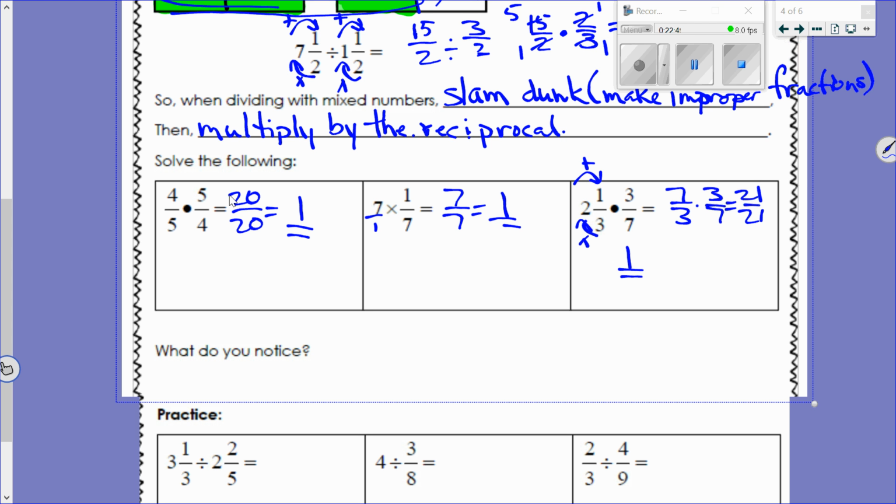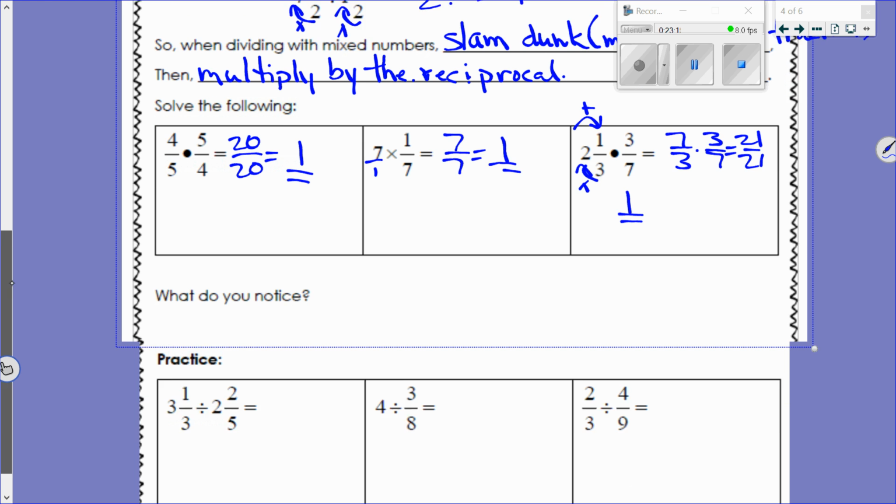What's the math term we just gave you? Reciprocals. So what happens when I multiply reciprocals? You always get 1. Is that always going to happen? Yes. Does it matter if it's a fraction, a whole number, or a mixed number? No. Guys, technically that is the definition of a reciprocal. The definition of a reciprocal is the number you would multiply a number by to get an answer of 1.